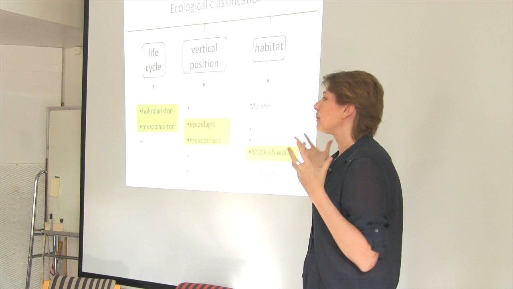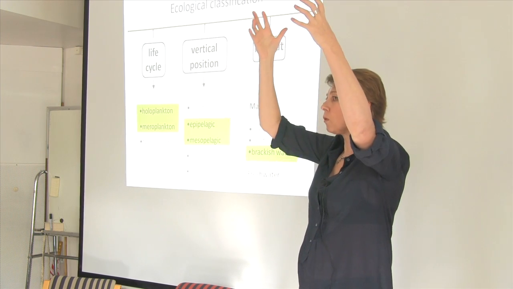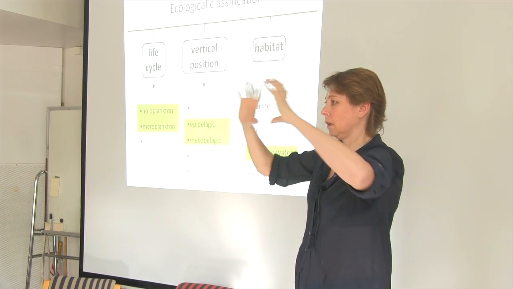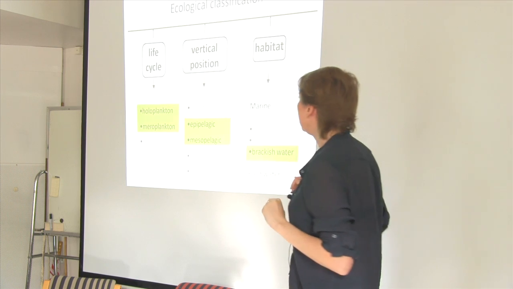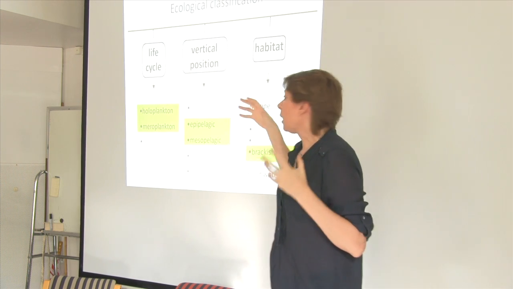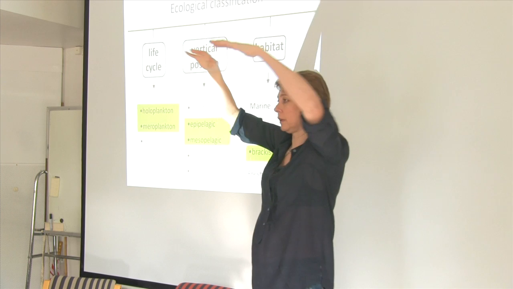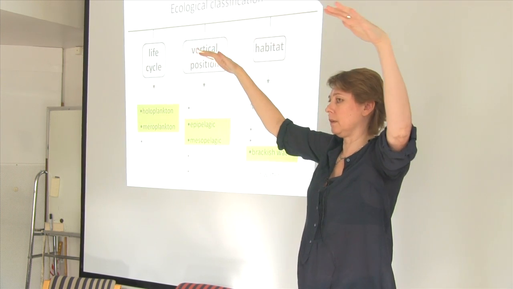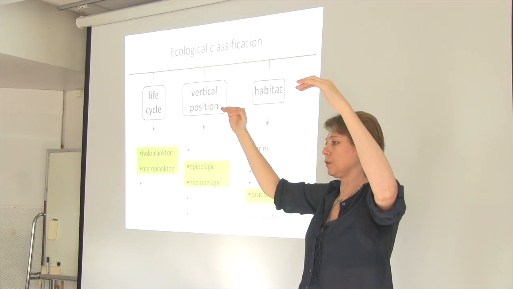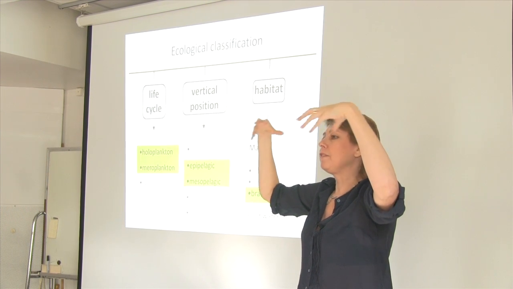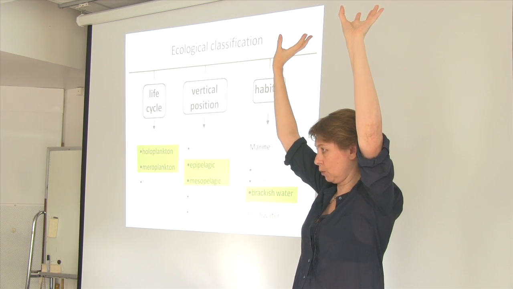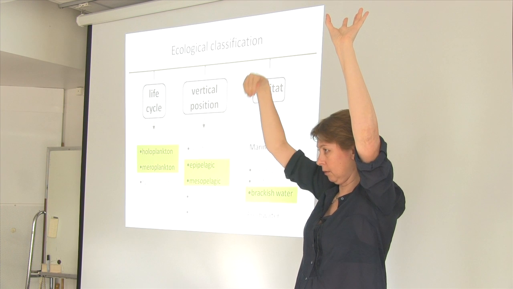In terms of the vertical position, our sampling is also restricted to a certain vertical part of the water column. In terms of vertical position, zooplankton is also classified as neustone, those that are associated with the water film, essentially a few centimeters below it. Some of them feed on ciliates that are attached to the water film, looking down.